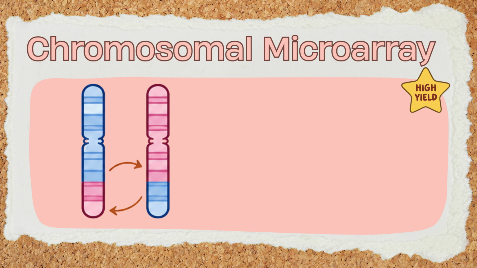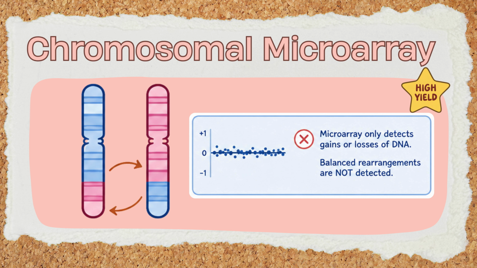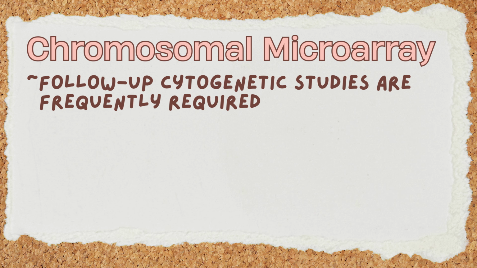So if a patient has a balanced translocation with no gain or loss of genetic material, the array may appear normal. The array can tell you that extra or missing material exists, but it often cannot explain the structural mechanism behind it. That's why follow-up cytogenetic studies are frequently required.